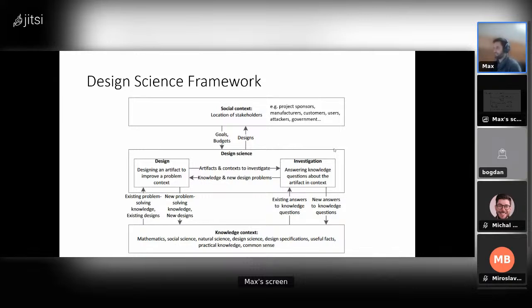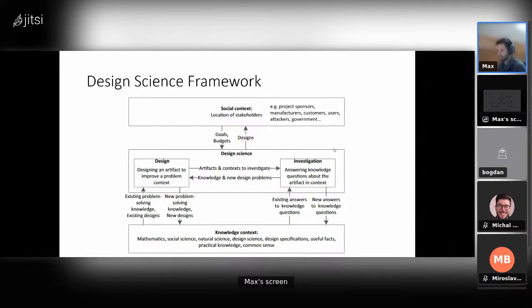There are two contexts to take into account when we do design science. The first one is the social context, which you can see on the top. Basically, these are the stakeholders of the project. Very often you will have the sponsors, the ones providing the money, but it can be anything else, like the manufacturers, customers, users.